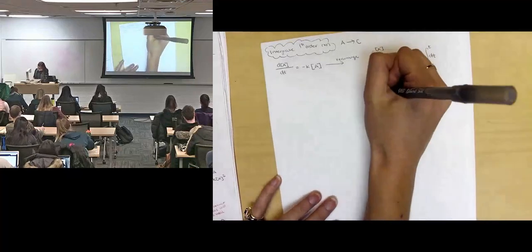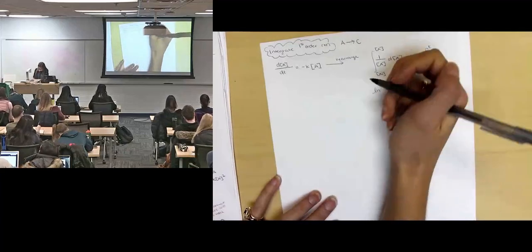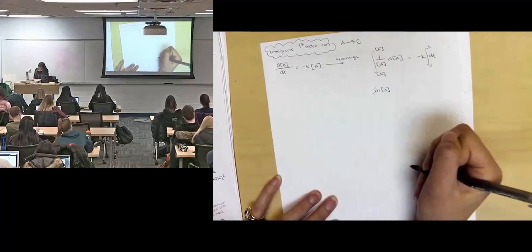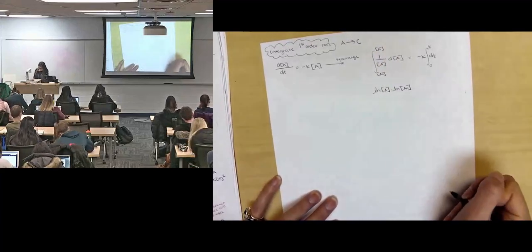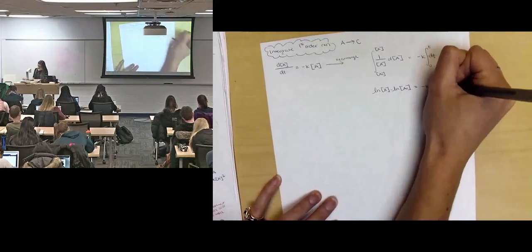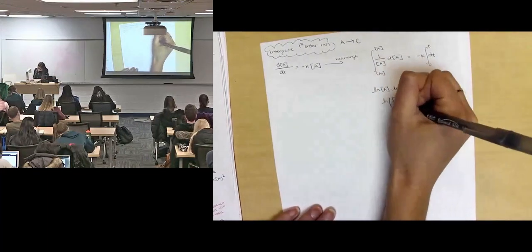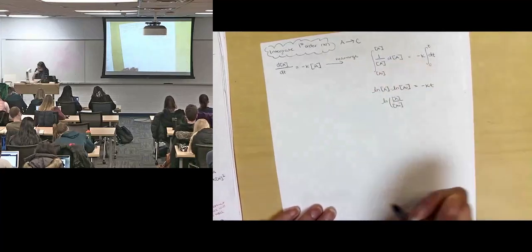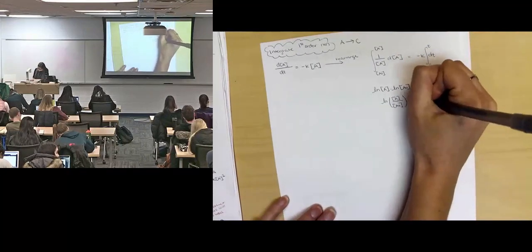Natural log. This is going to be the natural log. 1 over x has the natural log of x as its integral. So this is natural log of A minus the natural log of A naught, our initial concentration, is going to be equal to negative k times t. By properties of logs, I can rearrange this and write the concentration of A at time t over my initial concentration would be equal to negative kt.